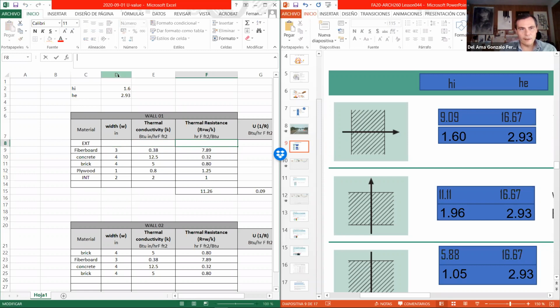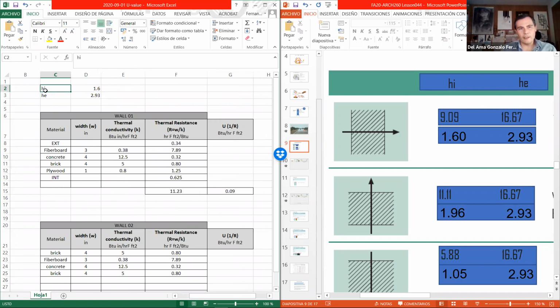So I can type here equals 1 over HE. And here indoors we don't have a width, we don't have a thermal conductivity, and that will be 1 over HI. There you go.